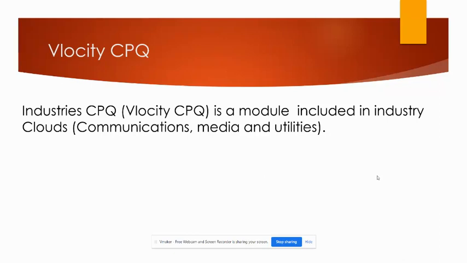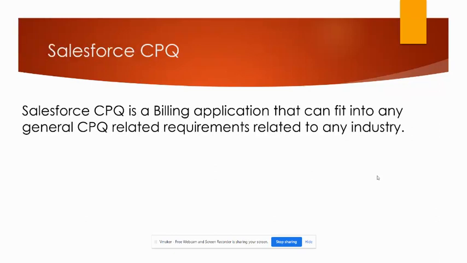This CPQ exists to provide already present automation tools and objects to handle the CPQ part of these industries, so we can say Velocity CPQ exists to provide an industry-specific solution for communication, media, and utilities.